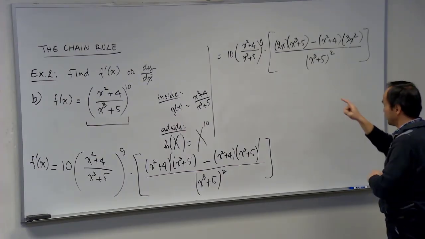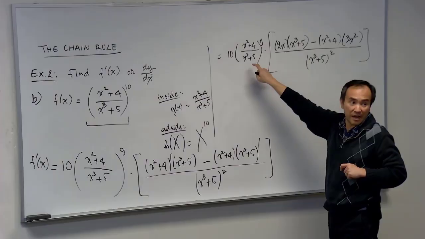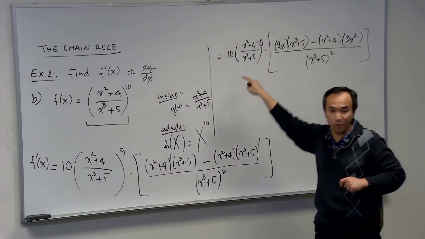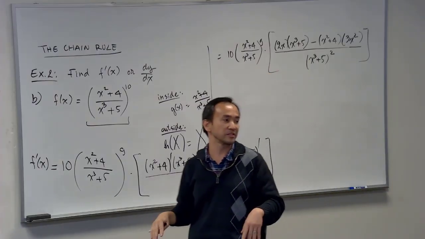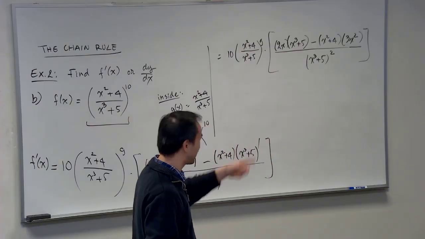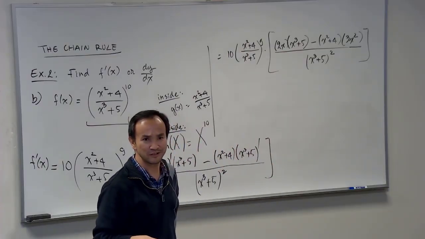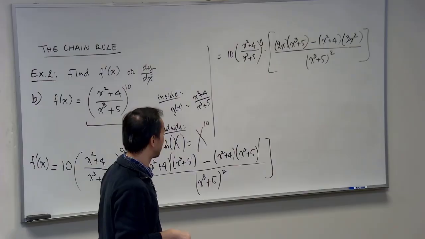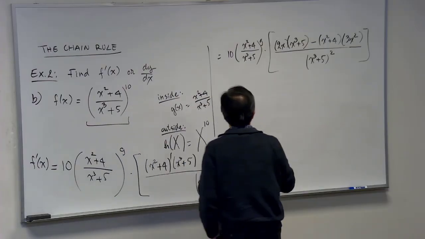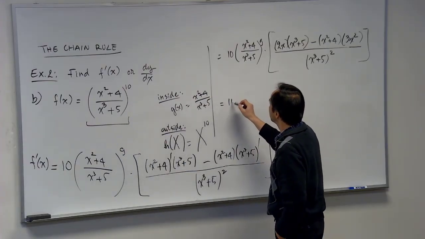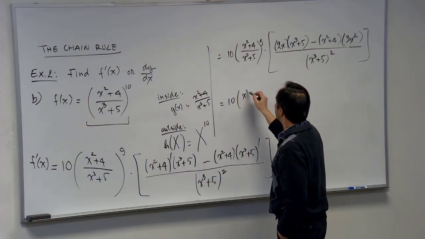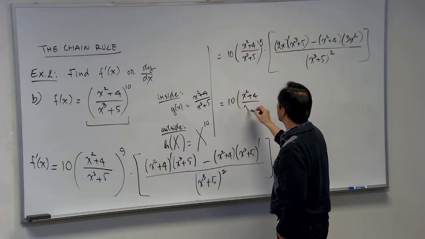So officially, this is where we have already found our derivative. Officially, that's the point where we already got our derivative successfully, but let's see if we can algebraically reduce that a little further. Otherwise, it's way too much. So that's x squared plus 4 over x cubed plus 5 to the 9th.